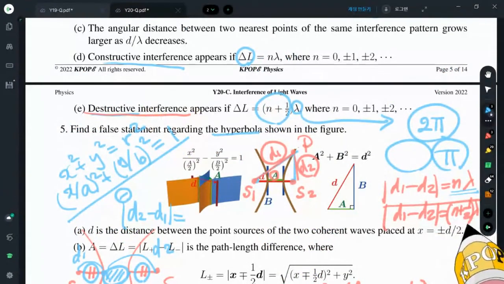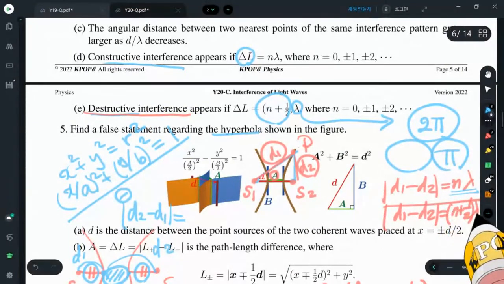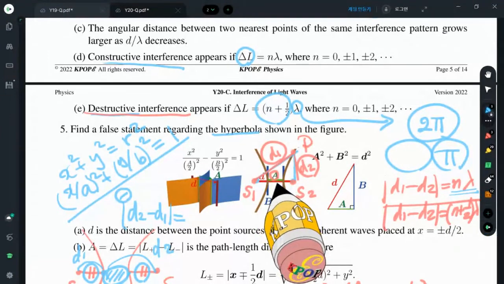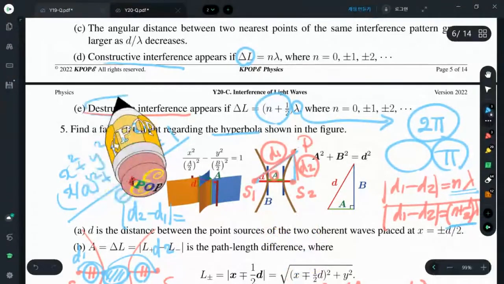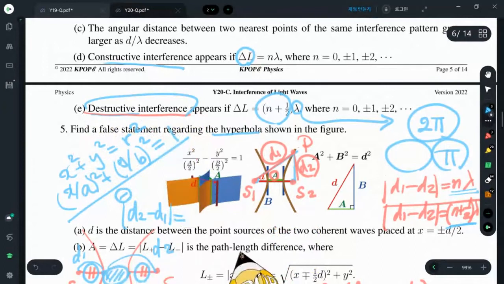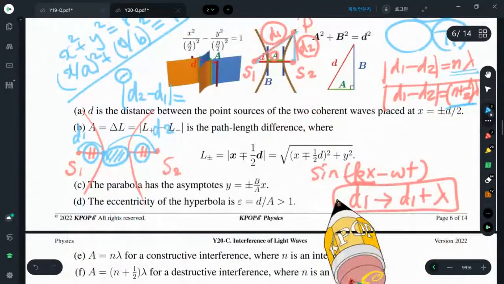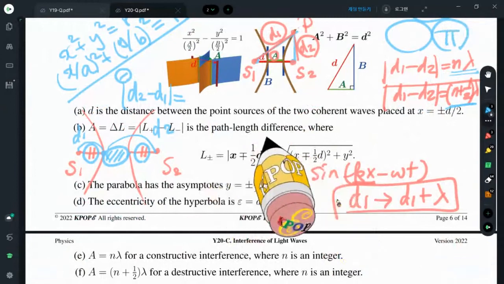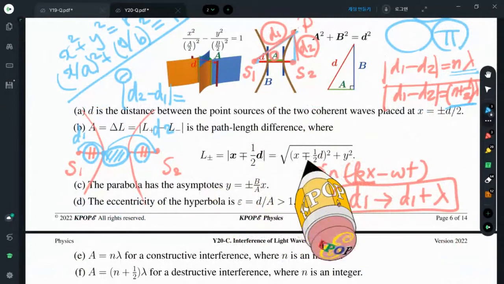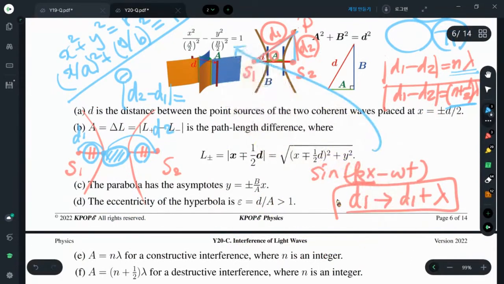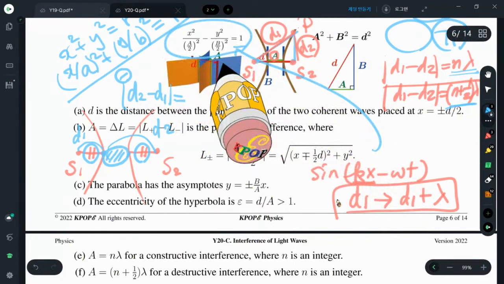If it is n plus 1/2, a half integer, multiplied by the wavelength, then this A represents destructive interference. All right. And you can do simple algebra, just square this one and simplify this expression. You end up with this.